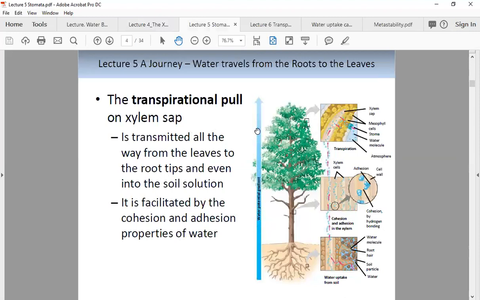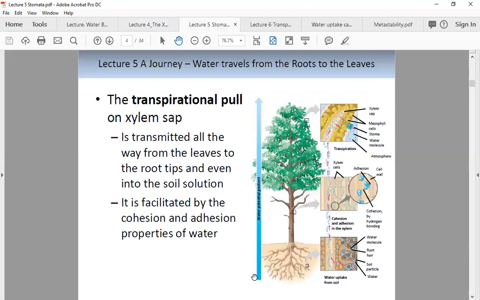Okay, so let's start by looking at this arrow here. And we know that water moves from the soil solution into the plant and up the plant along a water potential gradient. So I want you to tell me, based on what you know so far, is that movement from a high water potential in the soil up to a low?